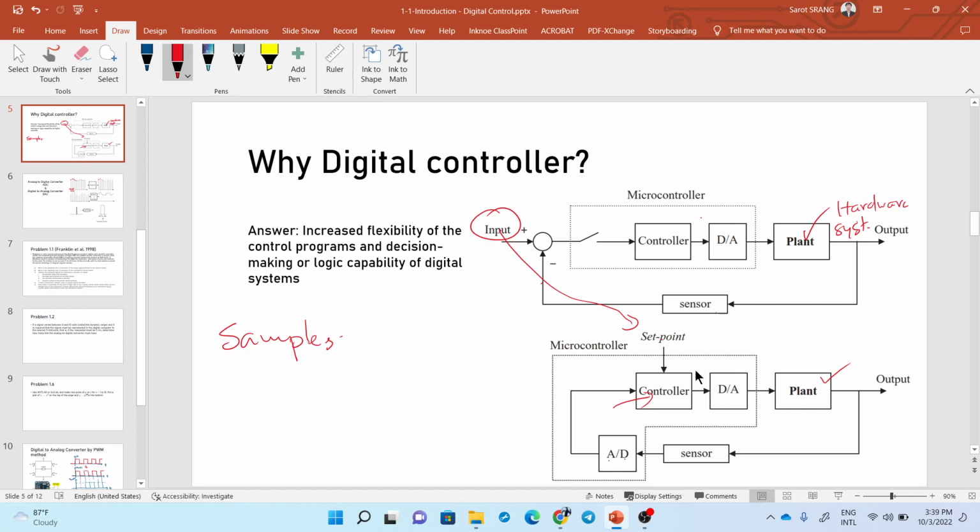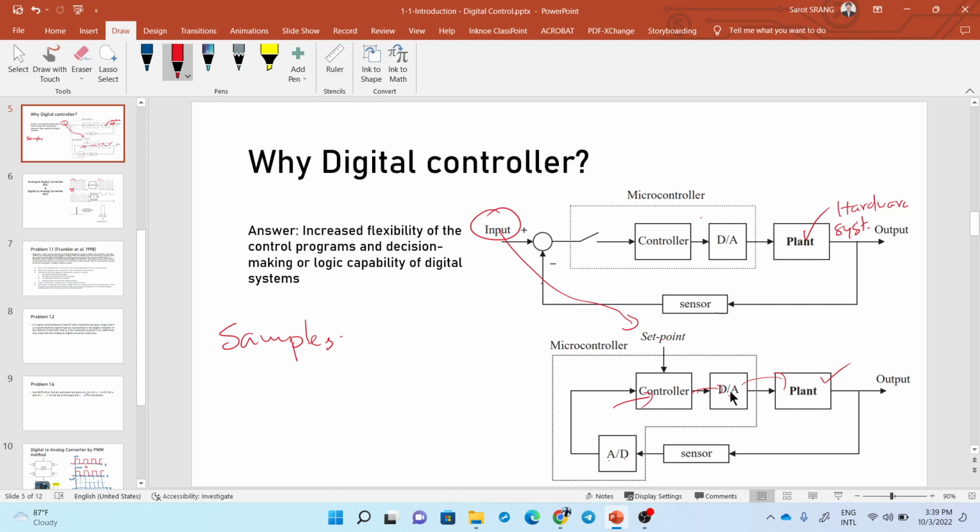So when you give a sample of input, you update the value every sample time. 1 millisecond you update one value, 1 millisecond after you update another value. But this device will hold the value in some way, hold the value to be continuous, and then inject it to the plant, right? And this device is called a digital to analog converter.